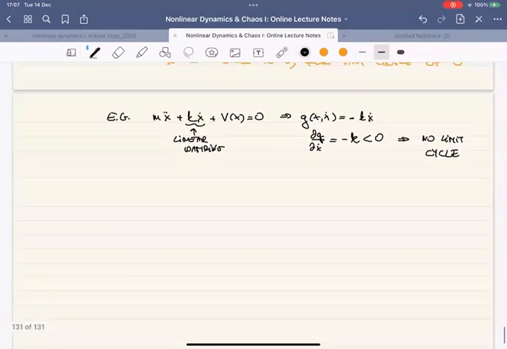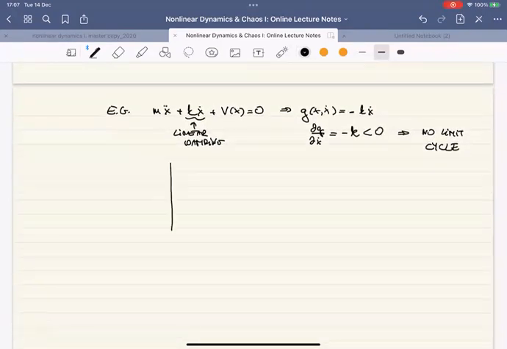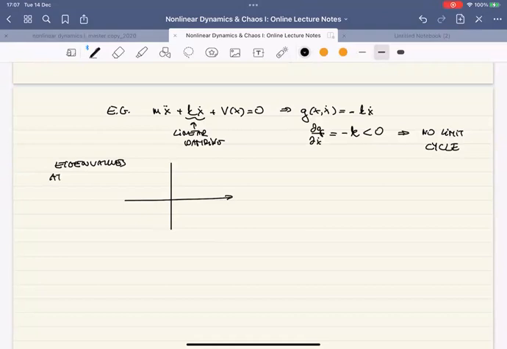So when you plot the eigenvalues at a fixed point that is a potential energy minimum, it's a complicated way.